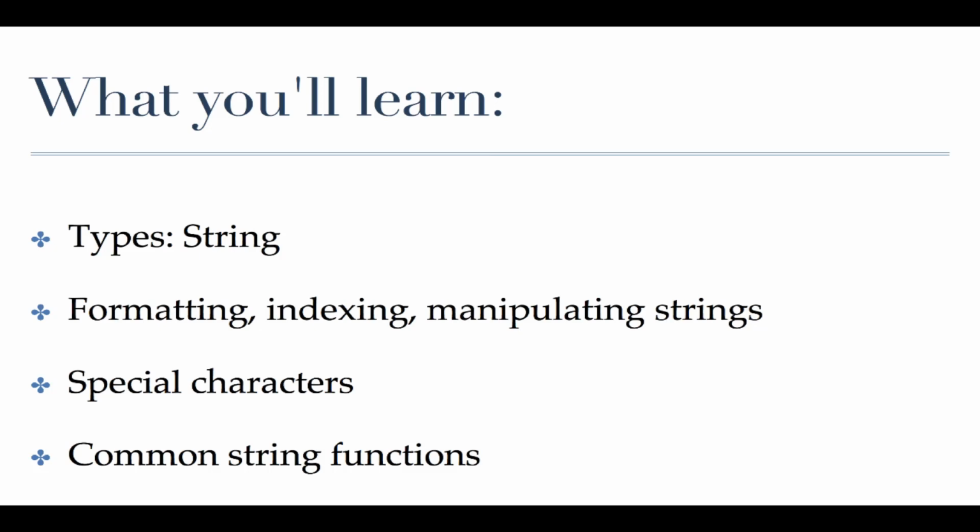There are a handful of special characters that are reserved in Python, so I'm going to show you how to avoid the pitfalls of dealing with strings and those kinds of special characters. And then lastly, we're going to play with a couple of string functions to introduce you to how there are actually default processes that you can run on an object or a variable right after you save it.